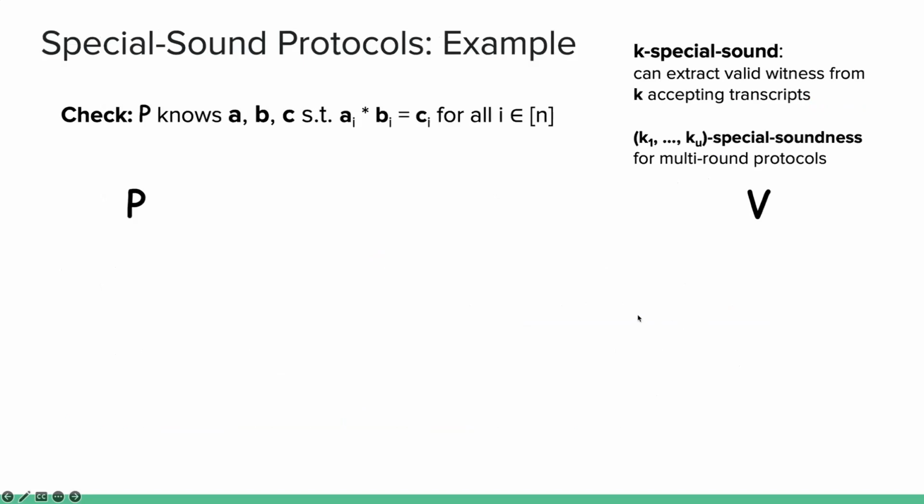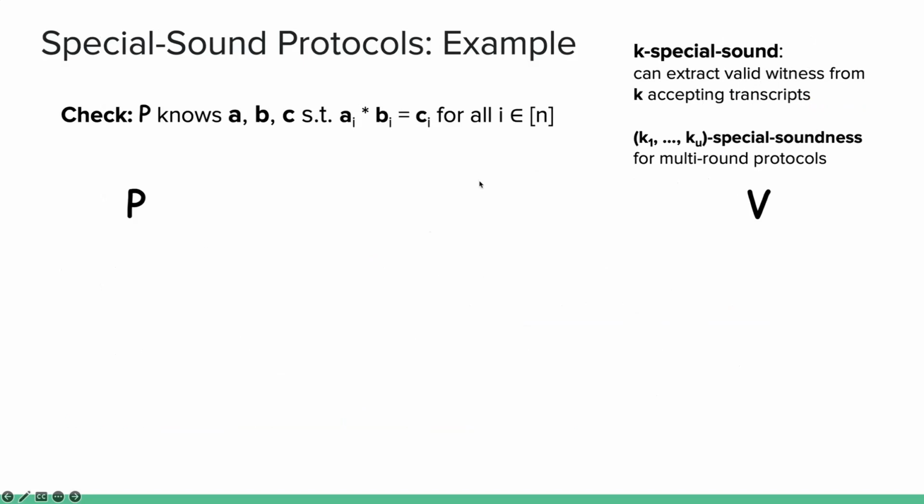So before going to the transformation, let me quickly remind you what a special sound protocol is. A special sound protocol is some kind of interactive protocol that might have multiple rounds. And by k-special sound, it means that given k different accepting transcripts of this protocol, we will be able to extract from these transcripts a valid witness of this relation.